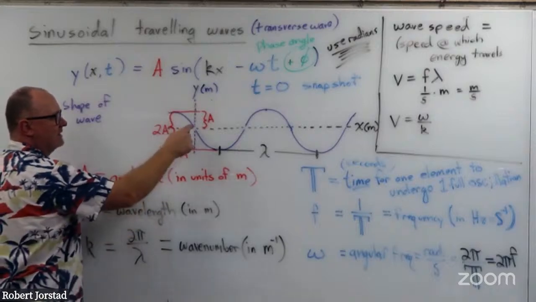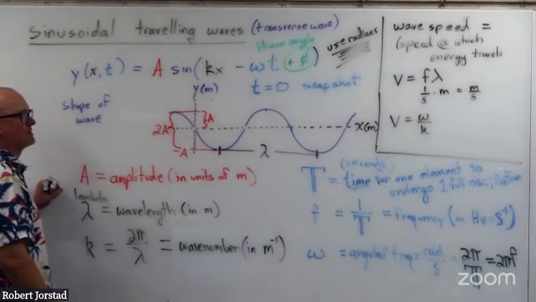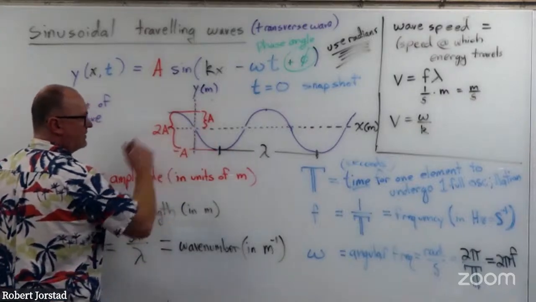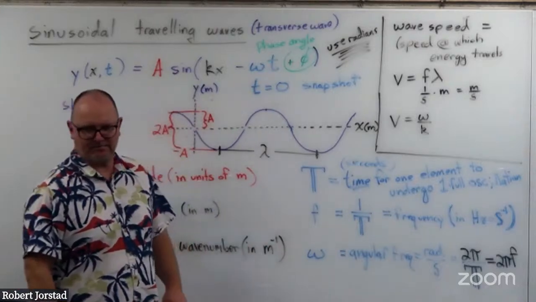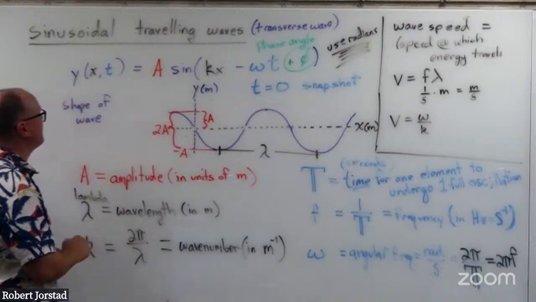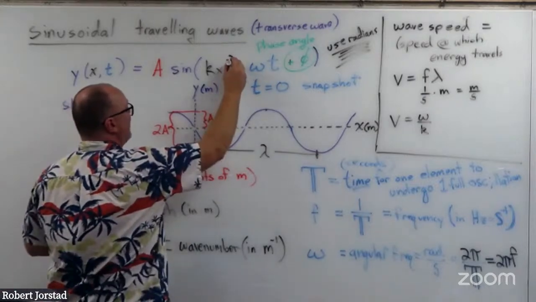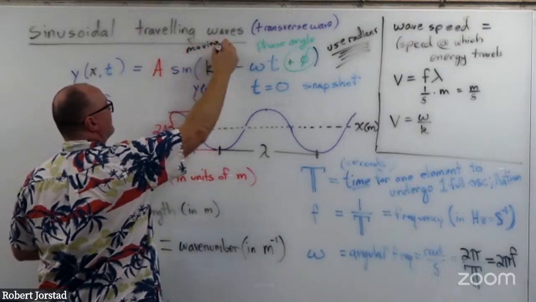If it's at the origin and moving downwards, that would look like it shifted 180 degrees, so that would be a phase angle of 180. More on that later. And again, I should mention here, this minus sign here means moving to the right.